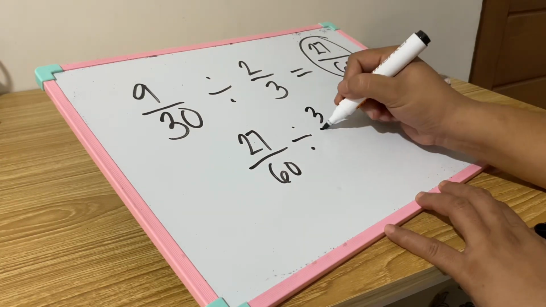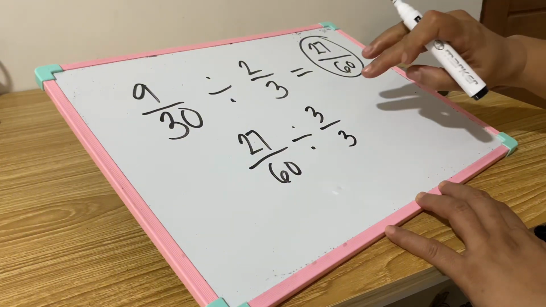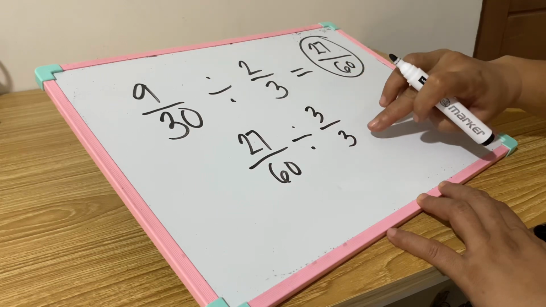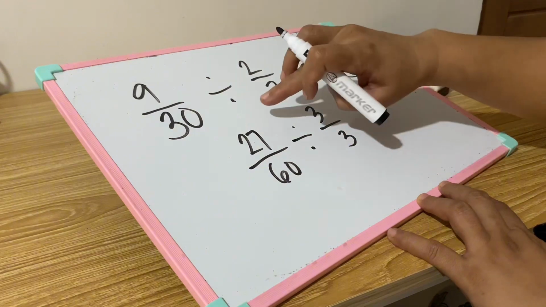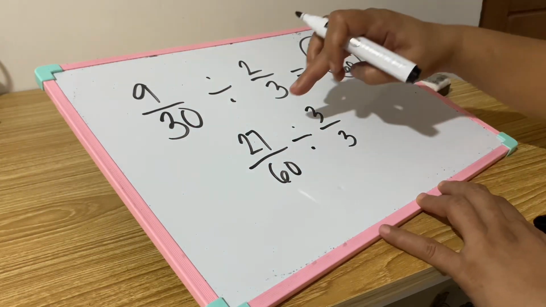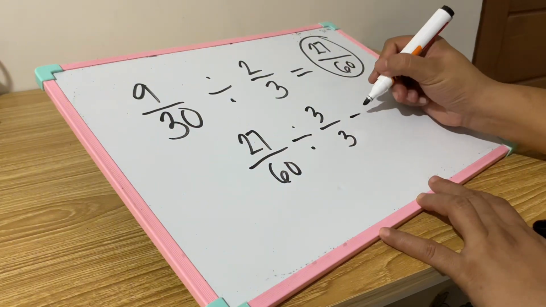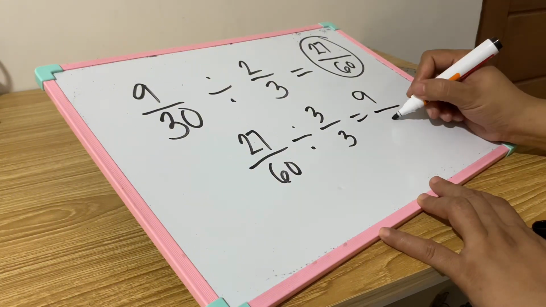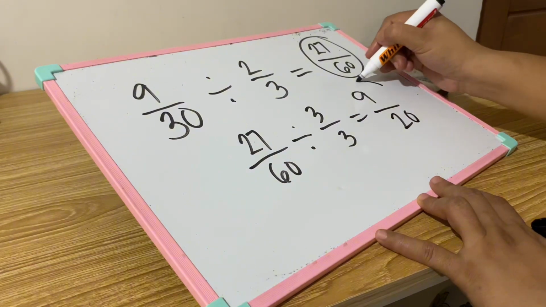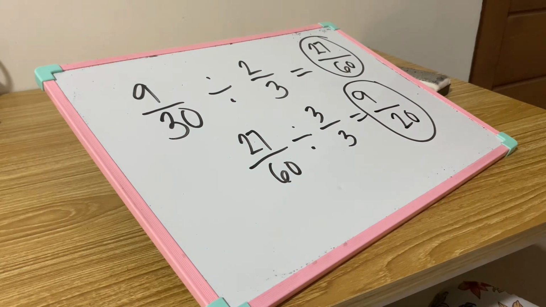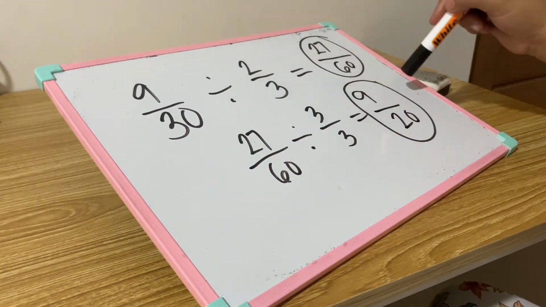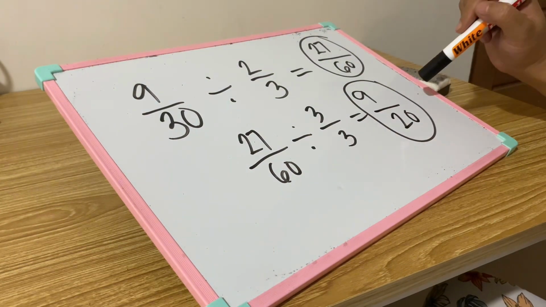This number 3 is a factor of both 27 and 60. So, 27 divided by 3 is 9. 60 divided by 3 is 20. So, this is now the final answer, the lowest term. So, 9 over 30 divided by 2/3, the answer is 9 over 20.